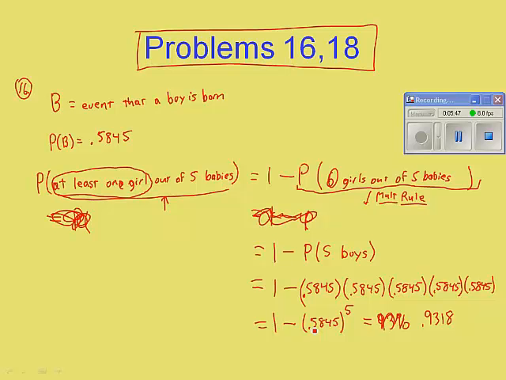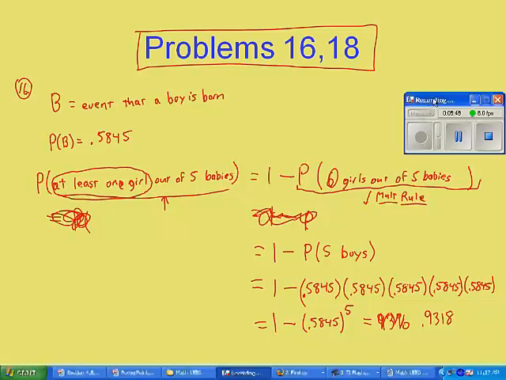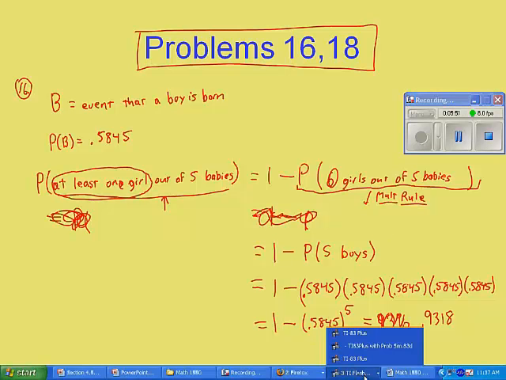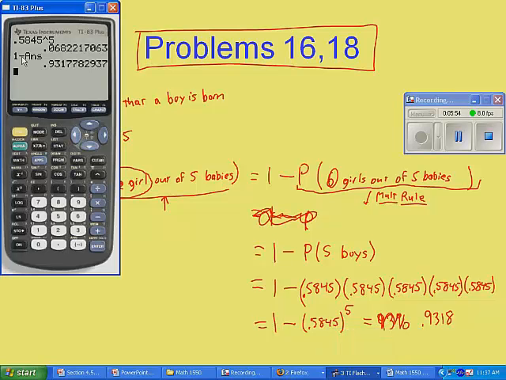Is this okay? Oh yeah, let me show that again. So I had 0.5845 caret 5, right? And then I wanted to do 1 minus that. So I typed in 1 minus, and I wanted to get the answer to reappear. And see it says ANS right above the negative sign?